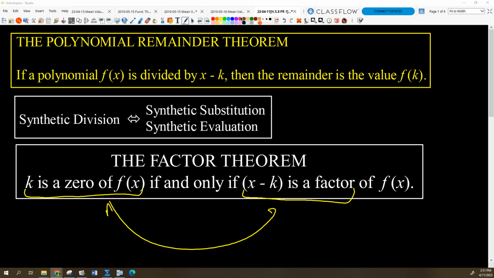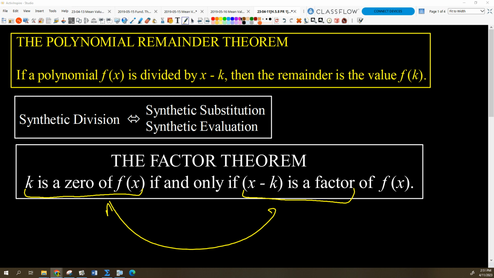We'd already seen that previously, but we added to that the remainder theorem. The remainder theorem told us that if we divide f of x by x minus k, now what's the zero of x minus k? K, right? We just said that with the factor theorem. Actually, we don't know that it's a factor necessarily.